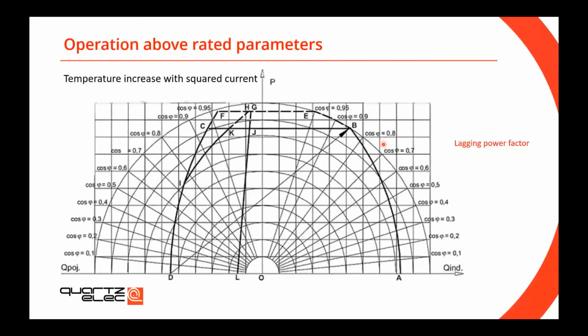Now, operation above rated parameters. This is the capacity diagram for your generator. If you focus on that line between A and B, it's red now. This is the limit of the temperature for your rotor. If for some reason you decide to go over that limit, you have to remember that the temperature of your rotor winding will increase above the design value.